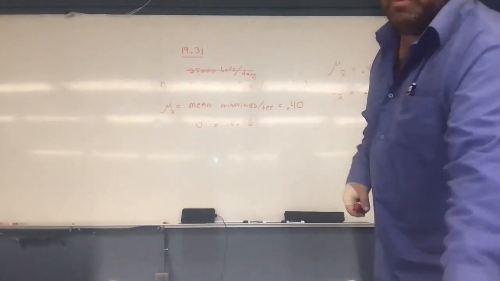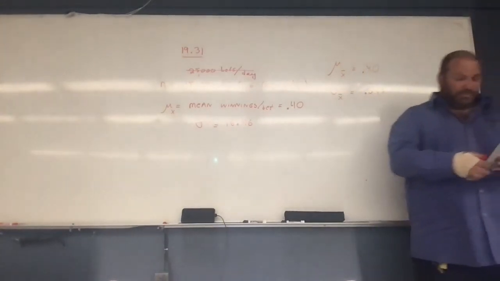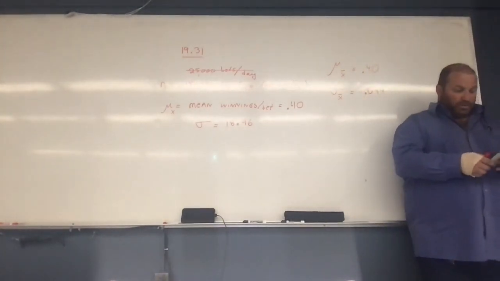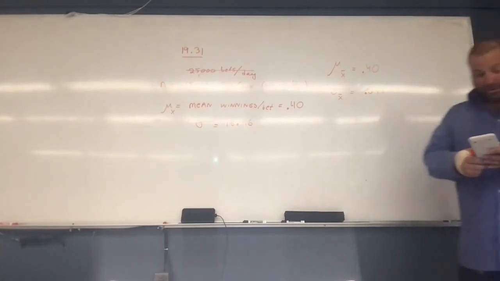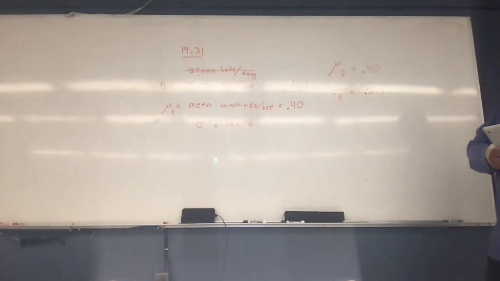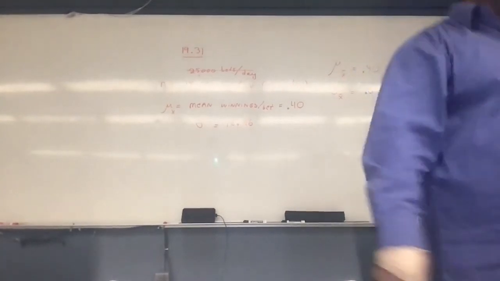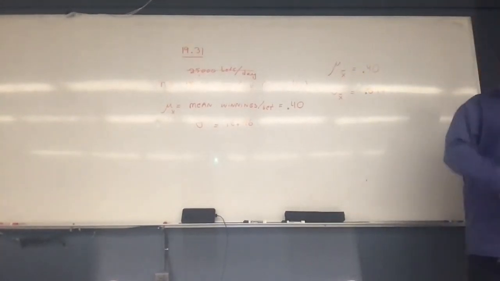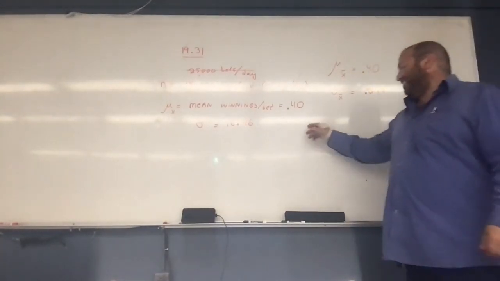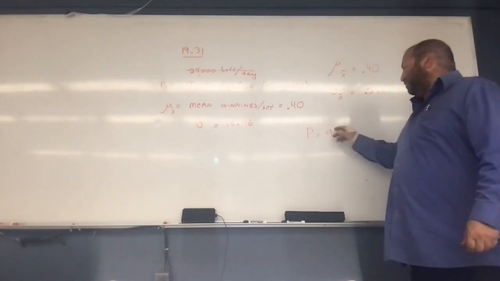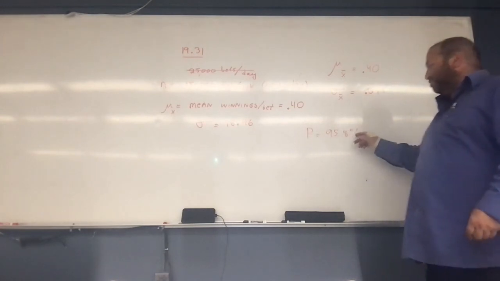Oh, did you? Which button did you press? CDF. Okay, what's your lower? 0.3. What's your higher? 0.5. What's your mu? 0.4. What's your sigma? 0.049. 95.8%.